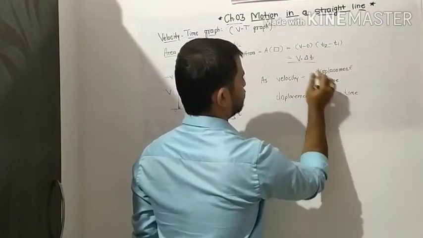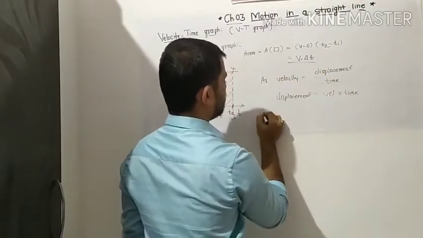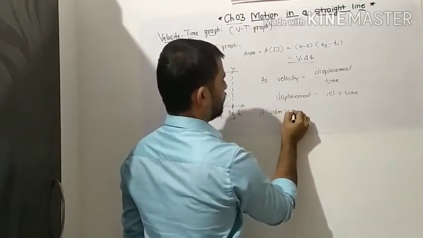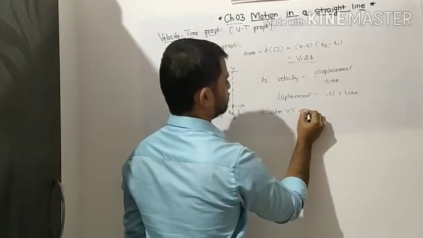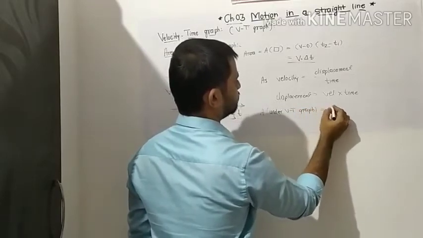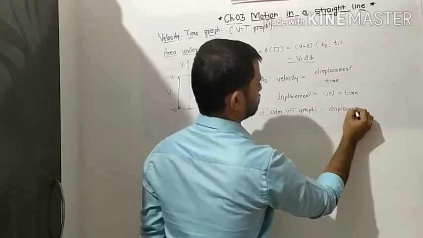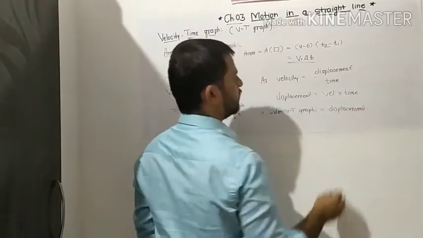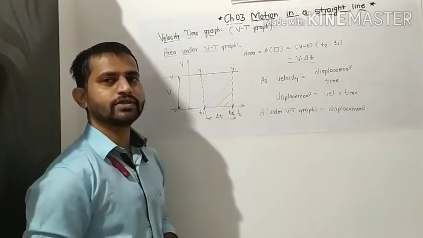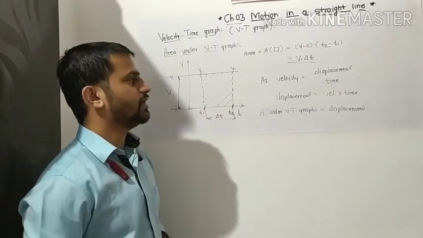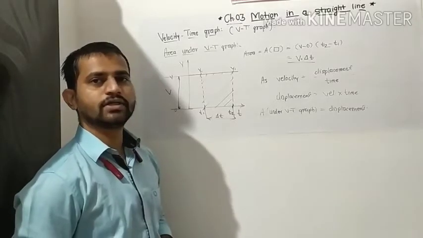That is, the area under the VT graph will give us the displacement. Remember this thing, that the area under the VT graph will give us the displacement.